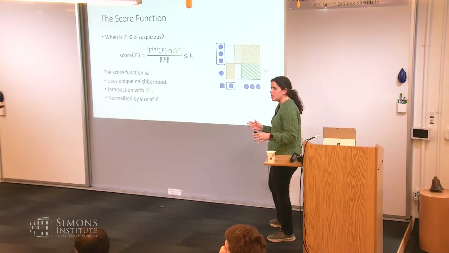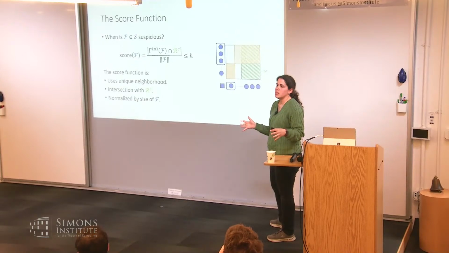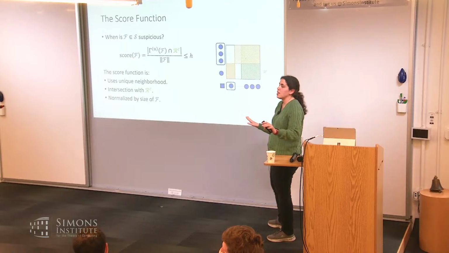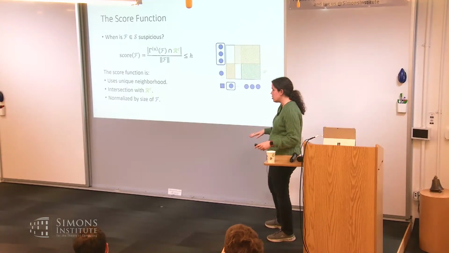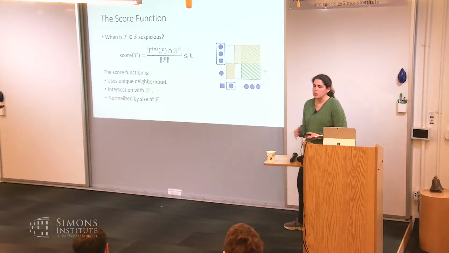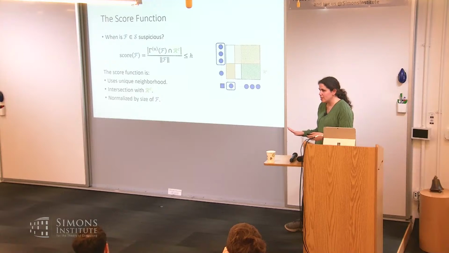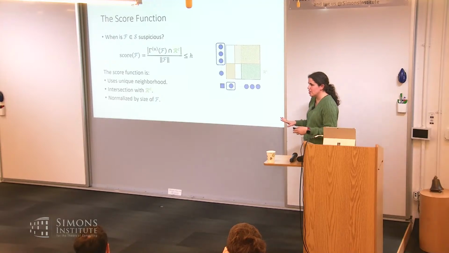So it doesn't matter what the size of the neighborhood is. You just want as much intersection with RC. So if you have a large score, you're not suspicious. But if you have very few intersections with RC, what it means is that many of the parity checks that you interact with are suspicious. So you're likely to be suspicious as well. So yes.